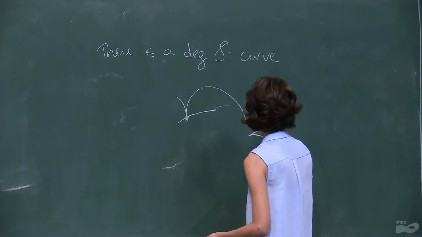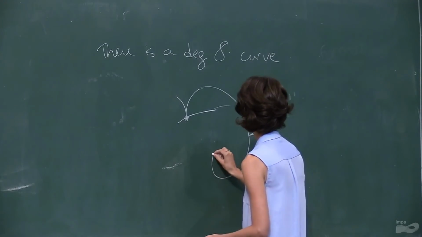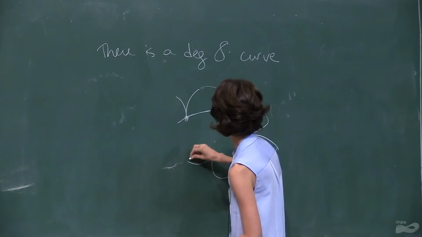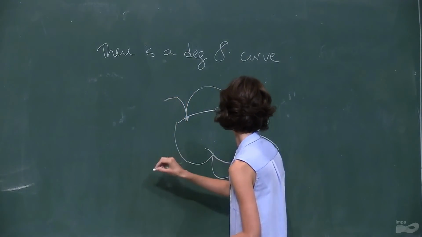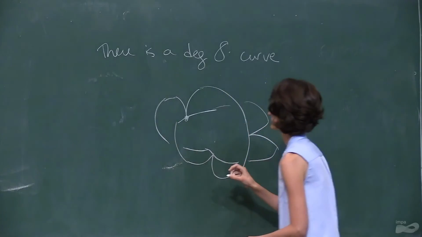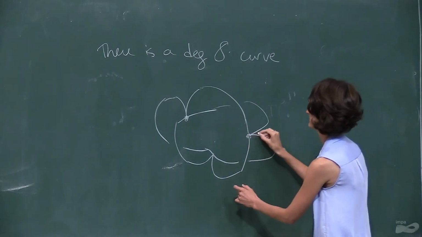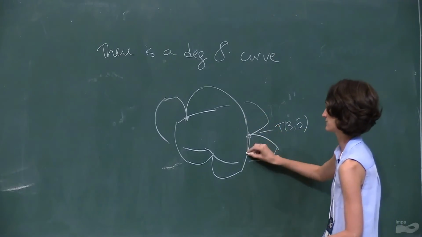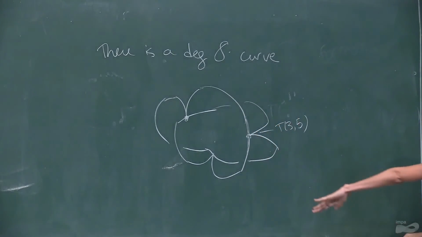I don't know, draw something. But each of the singularities looks like a cone on a 3-5 torus knot together with a smooth branch intersecting it transversely.